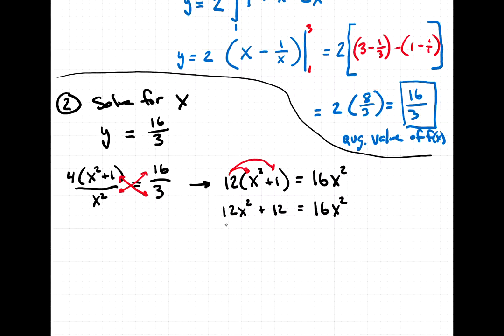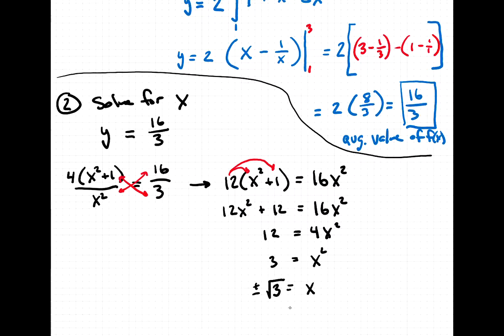Or we could subtract 12x squared from both sides. So we have 4x squared on the right. Divide both sides by 4. So x squared is equal to 3. And take the square root. x equals plus or minus the square root of 3.